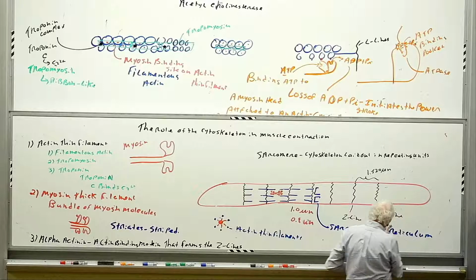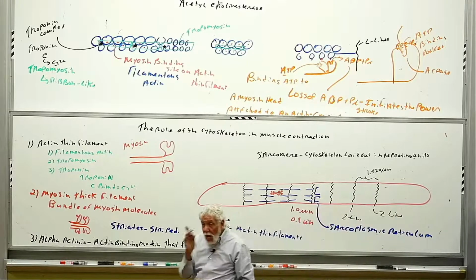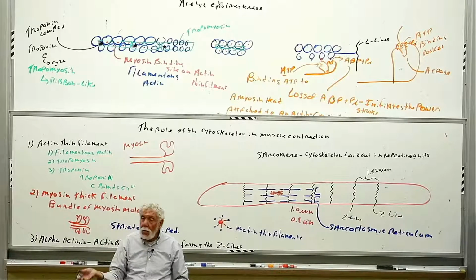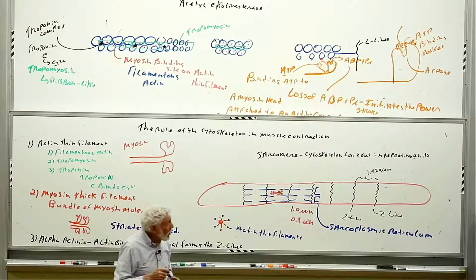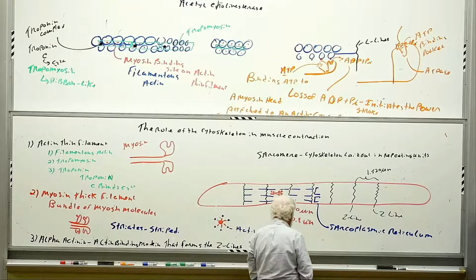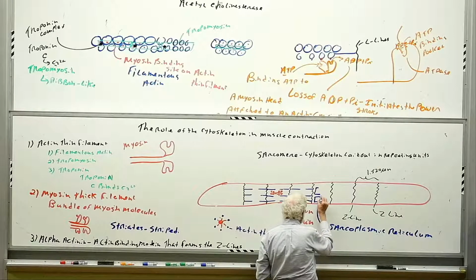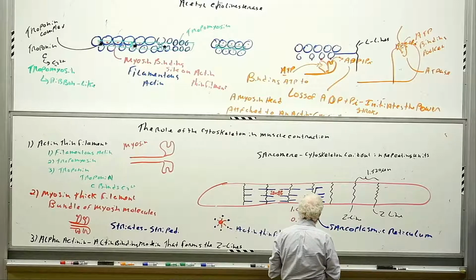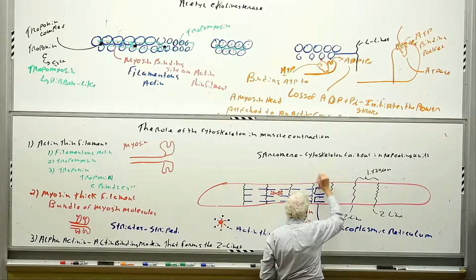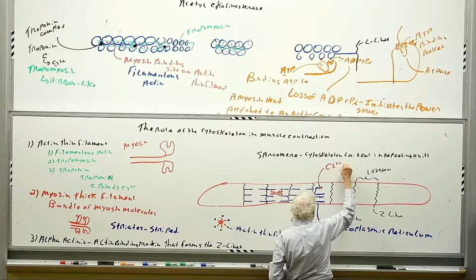Now, up to now, our emphasis has been on the ryanodine receptors, which are allowing calcium to come out of the sarcoplasmic reticulum. But there are another set of proteins on the SR. I'll put these in red. And these are called calcium ATPases.